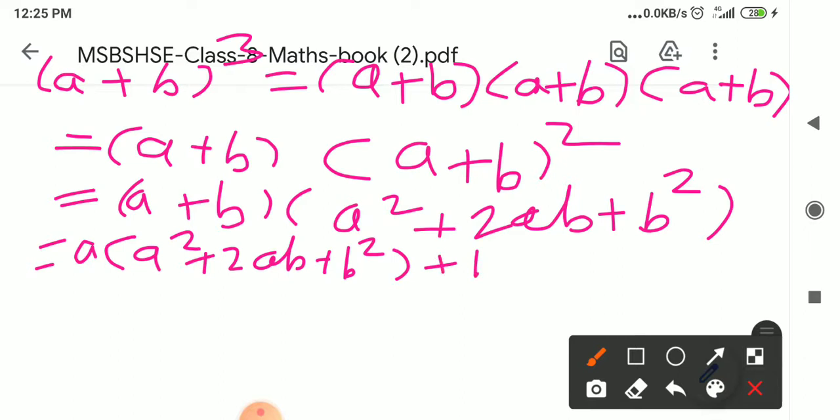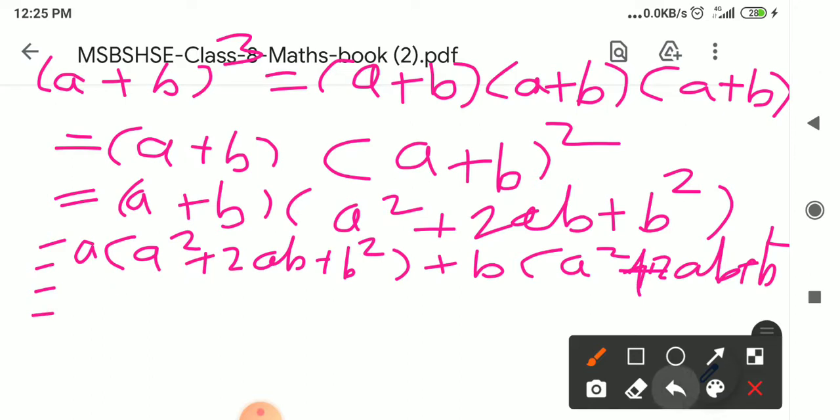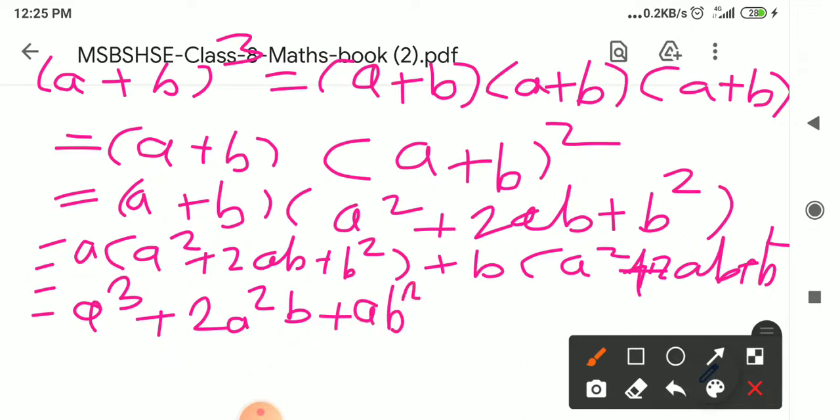Now do the multiplication. a into a square is a cube, a into 2ab is 2a square b. Now multiply a and b square, it is ab square. Now that bracket's multiplication is over. Now do the multiplication of this side.